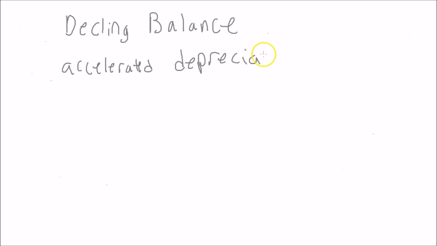Now, declining balance, where does that come in? Well, you depreciate a lot up front, right? So the balance in that depreciation account will go down in the later years. The reason why is because every time you depreciate it, the next year, you'll depreciate it by the book value. And the book value is cost of that asset minus accumulated depreciation.